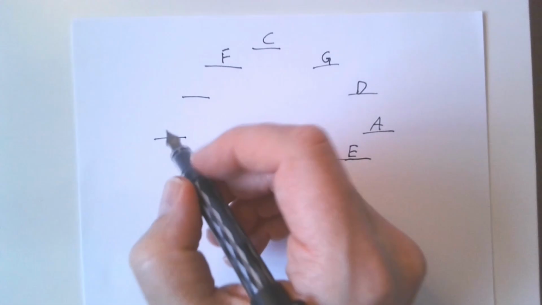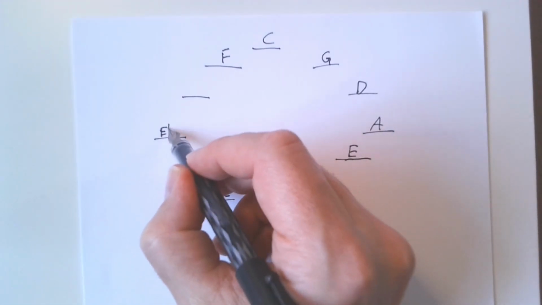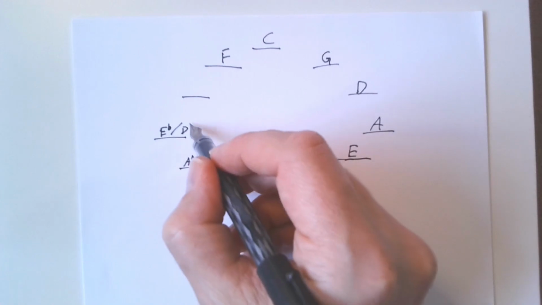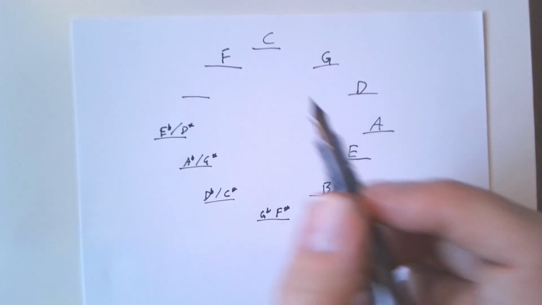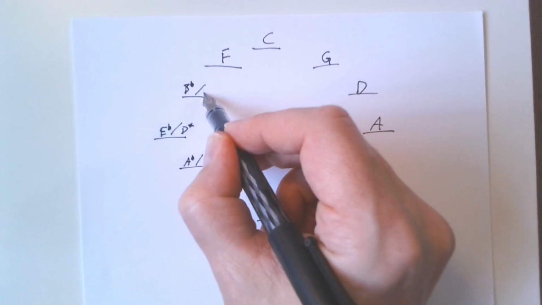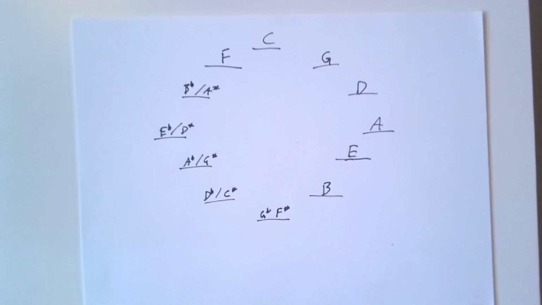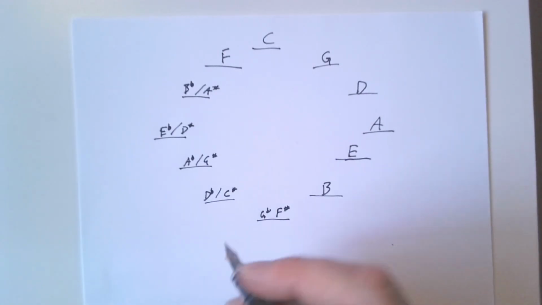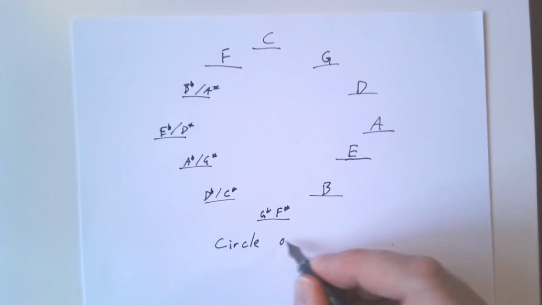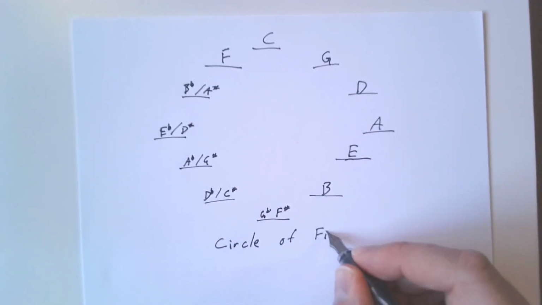This one will be E flat slash D sharp. And this one will be B flat or A sharp. Okay, this is the circle of fifths.